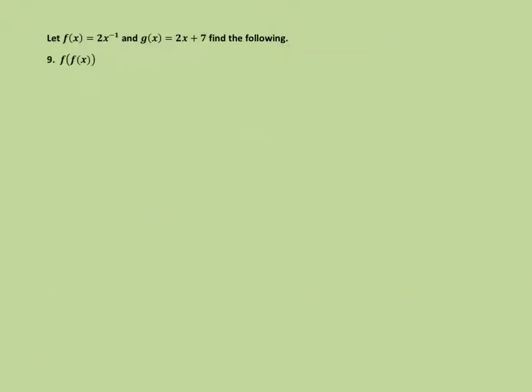Now, we already said f of x equals 2 over x. So f of 2 over x equals, so how do I simplify that?